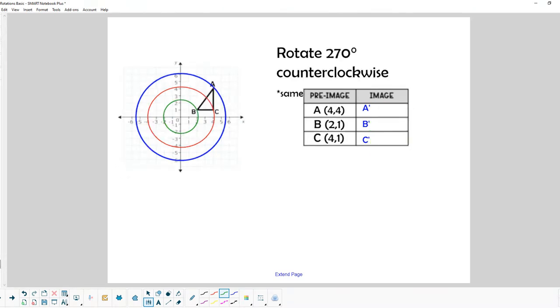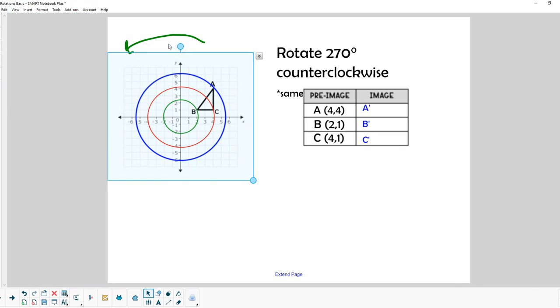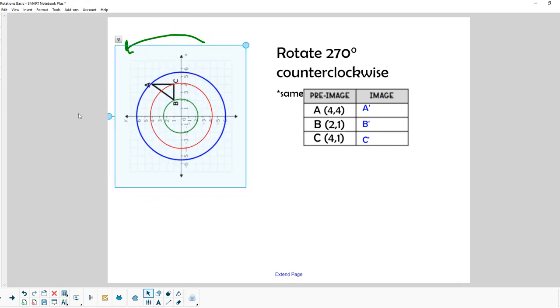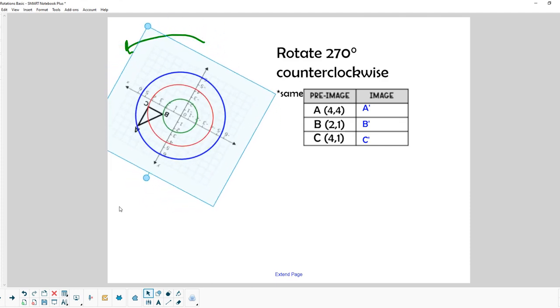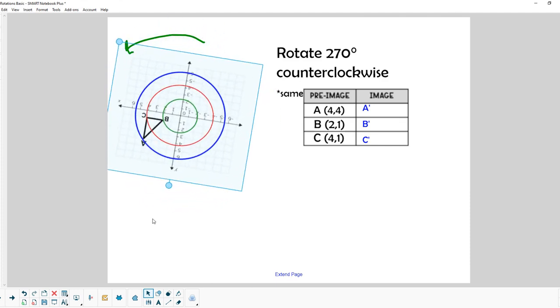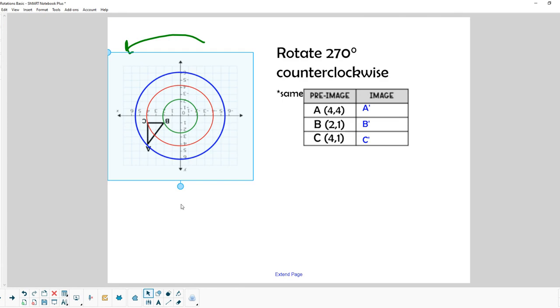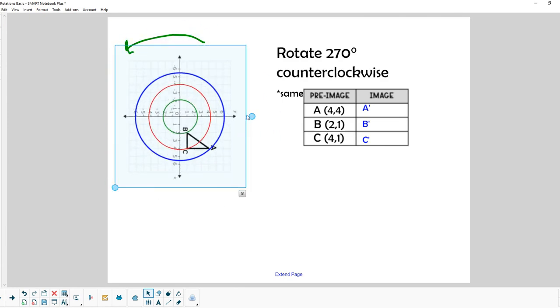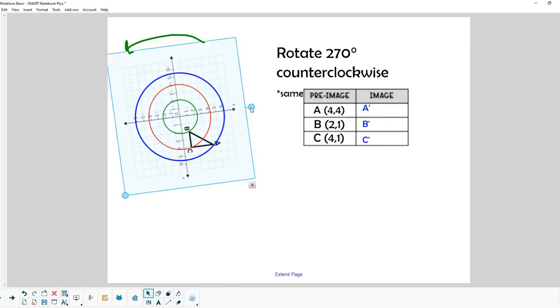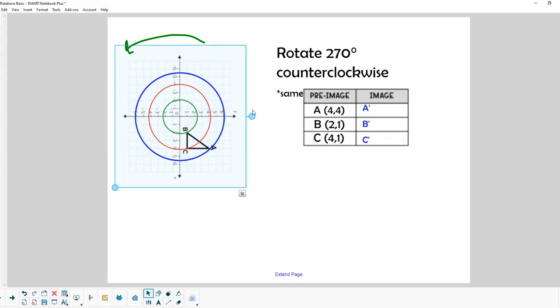Again, how about this one? Let's rotate 270 degrees counterclockwise. Remember, counterclockwise is this way. All right, so let's grab a hold of our image and start rotating. 90 degrees counterclockwise, 180 counterclockwise, and finally, a little too far, 270 counterclockwise.